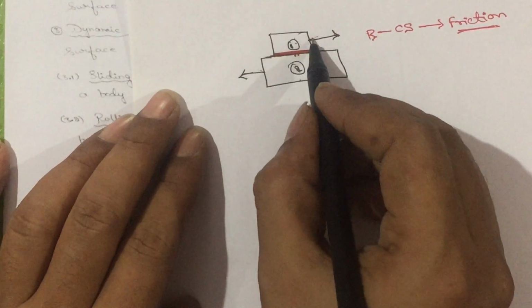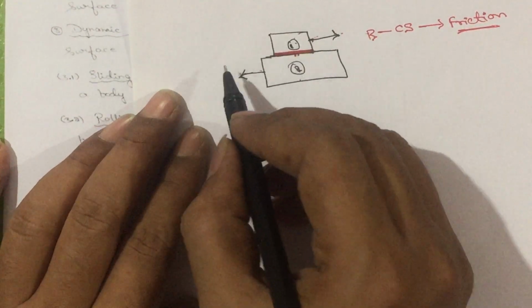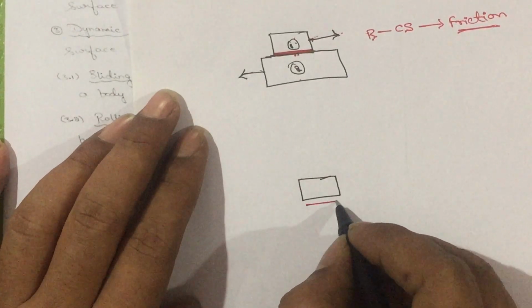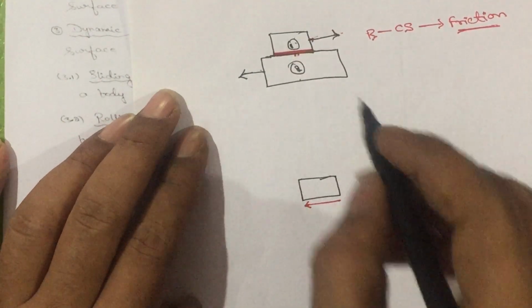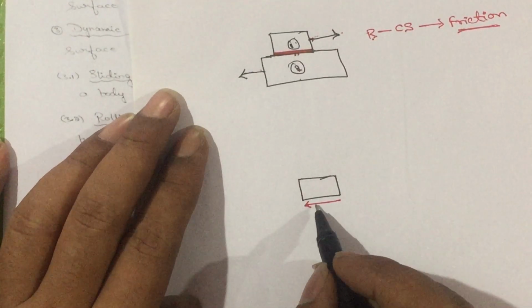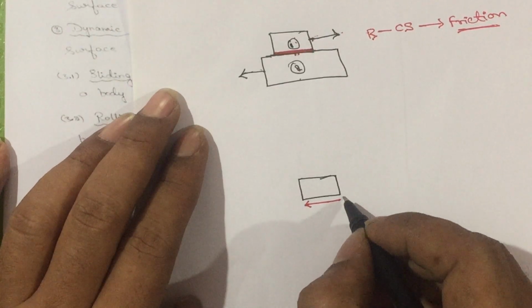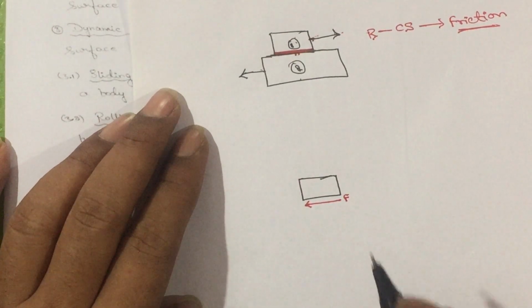Since this body is moving rightward, the resistance force will develop towards the left side at the contact surface. So, draw one parallel line opposite to the motion. Since the body is moving rightward, we write the resistance force leftward. I call that resultant force the frictional force.